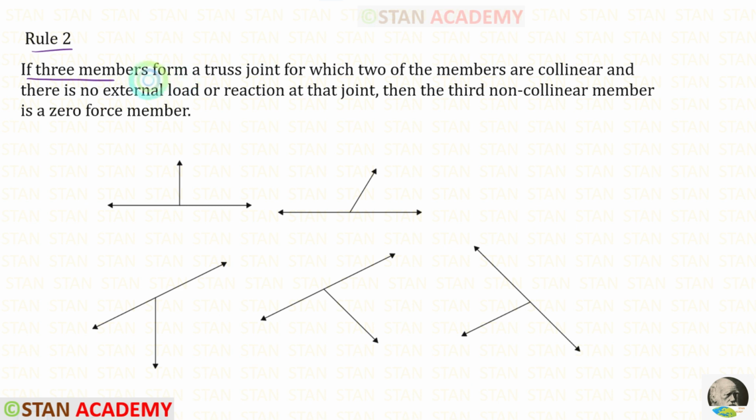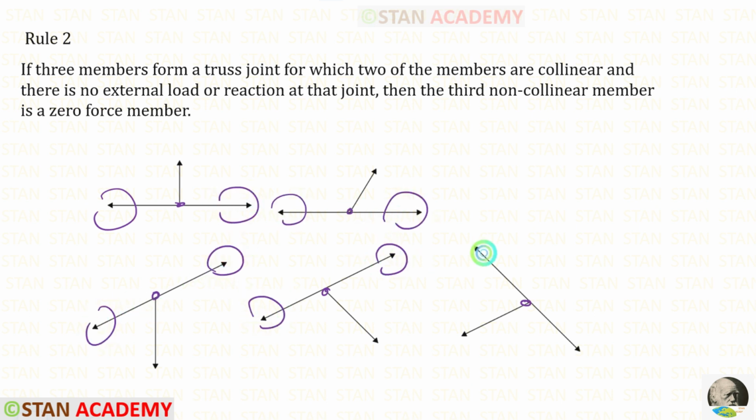Now let us see rule number 2. If three members form a truss joint for which two of the members are collinear and there is no external load or reaction at that joint, then the third non-collinear member is a zero force member. You can see that in all of these joints there are three members. Out of three, two members are collinear.